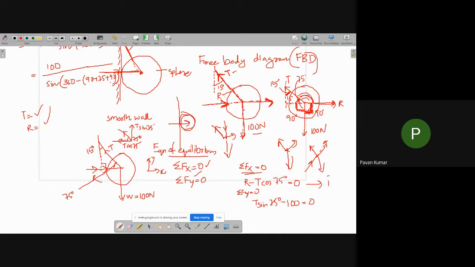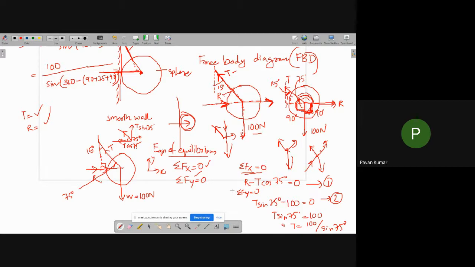So you get equation one and equation two. From the second equation, T sin 75 equals 100, so you get T equal to 100 by sin 75. So you get the value of T, and when you substitute the value of T in equation 1, you can get the value of R.